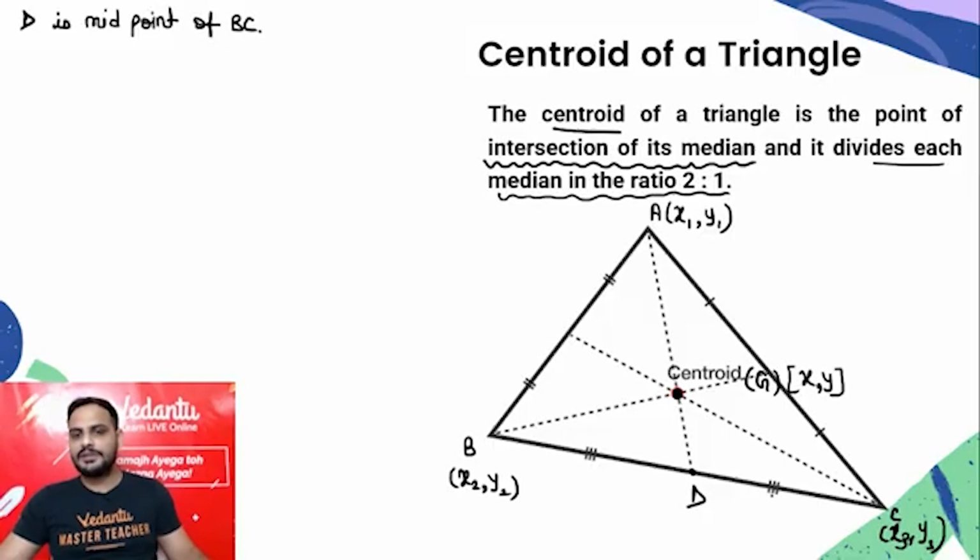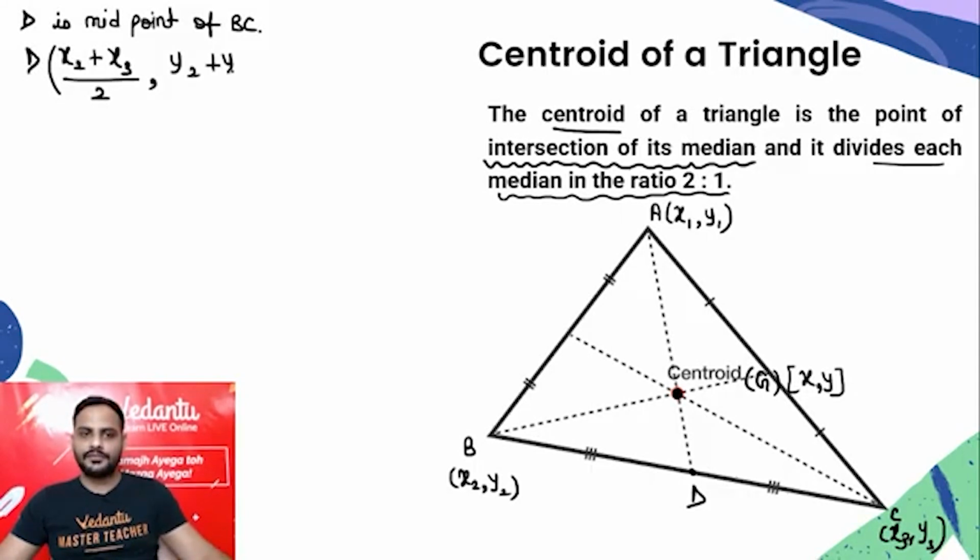If D is the midpoint of BC, then using the midpoint formula, the coordinates of D will be x2 plus x3 whole divided by 2 comma y2 plus y3 whole divided by 2. Okay beta, easy.